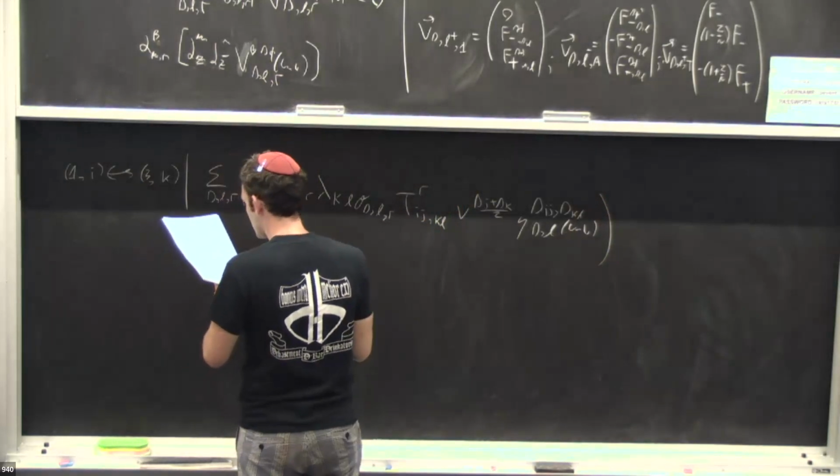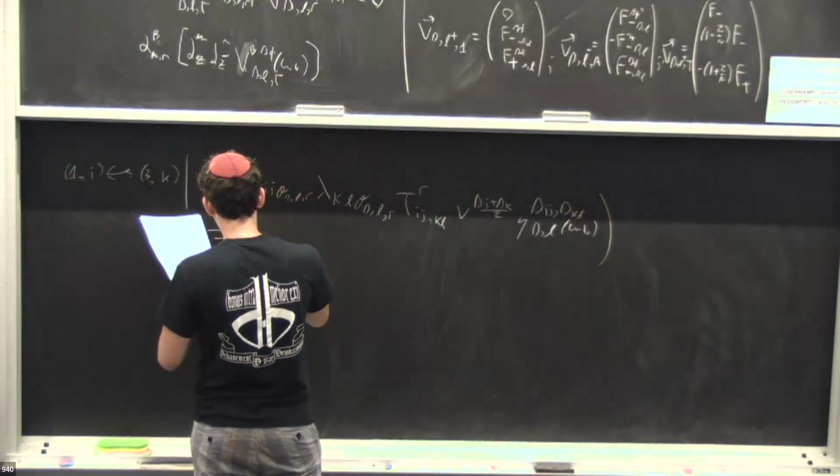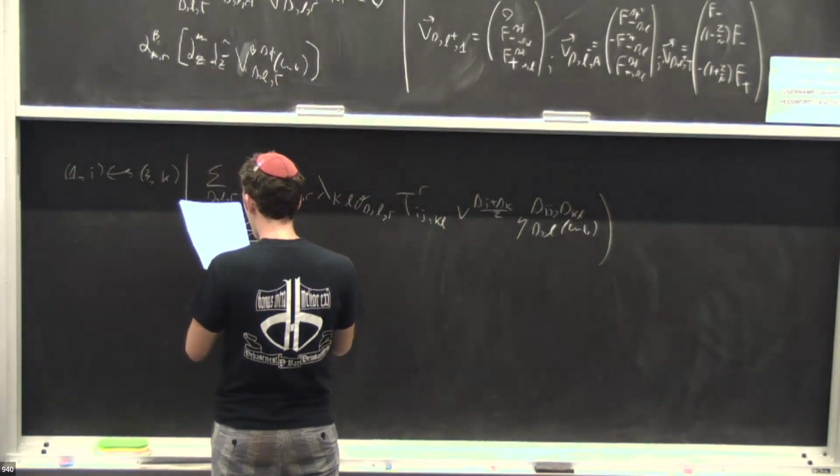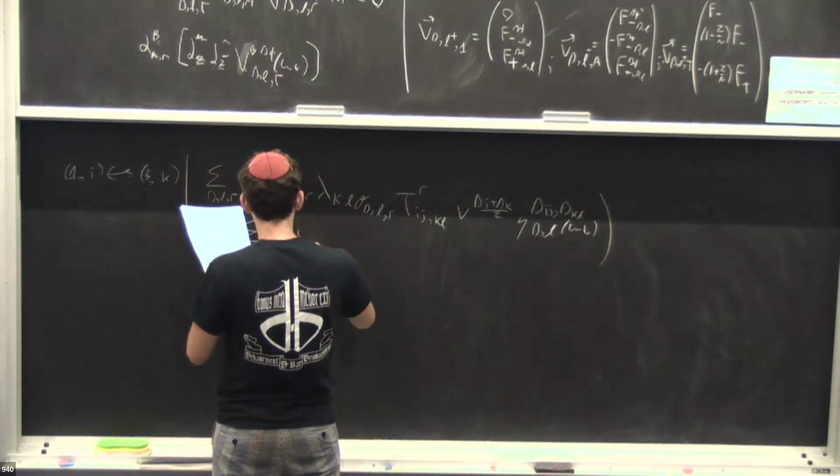And so this is, after swapping, equals some delta L R prime, basically the swap version.